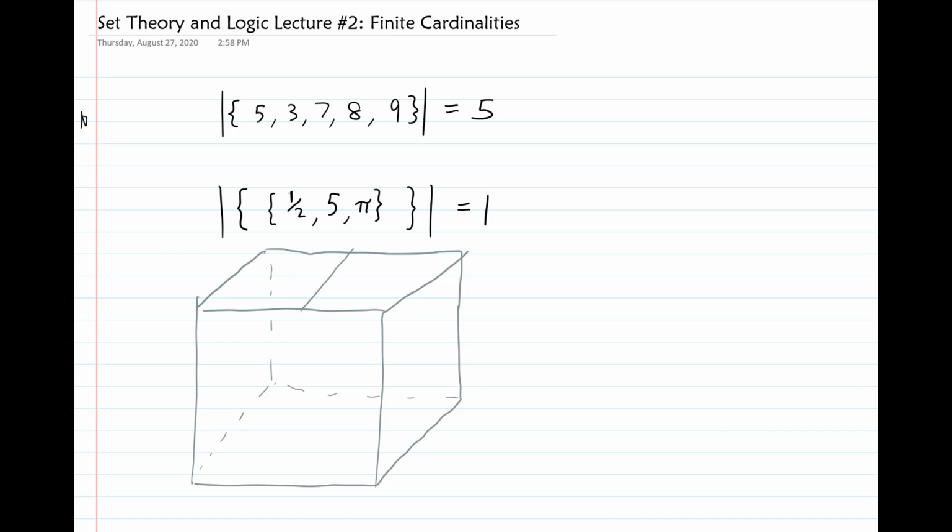In that box is a cardboard box. Let me erase these dash lines. I think we're going to have too many lines in the picture. Okay, there we go. Inside that box is another cardboard box.